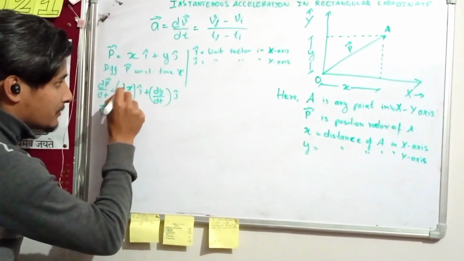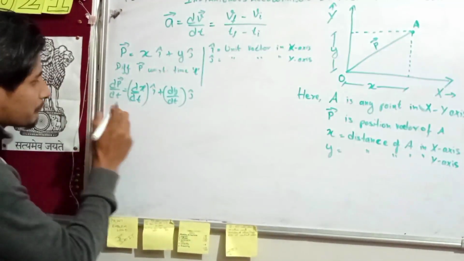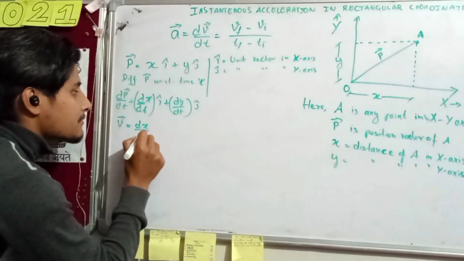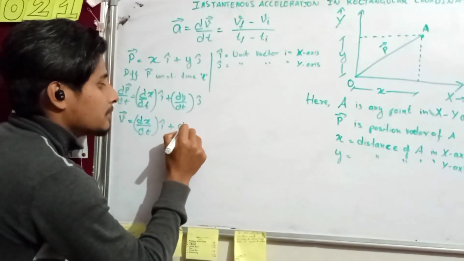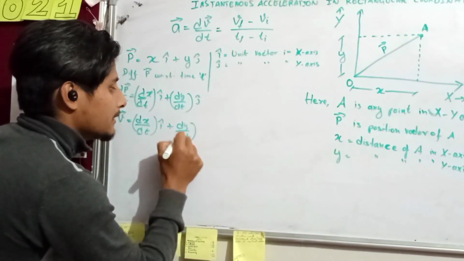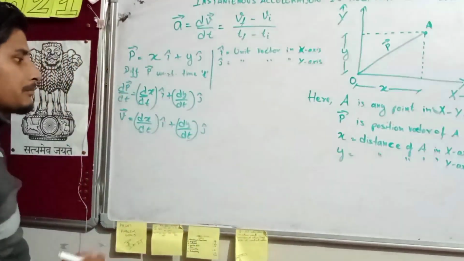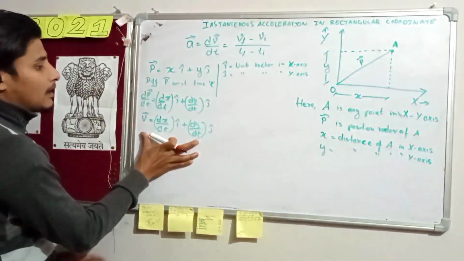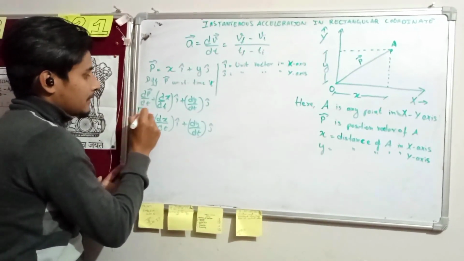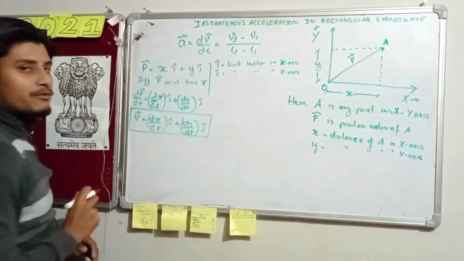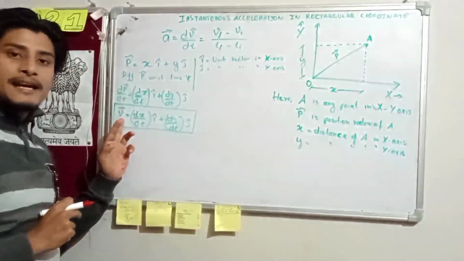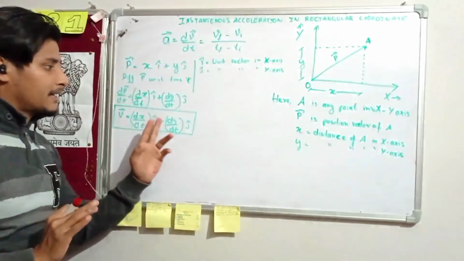Then I can write v as dx divided by dt i cap plus dy divided by dt j cap, right? So this is my instantaneous velocity in rectangular coordinates.